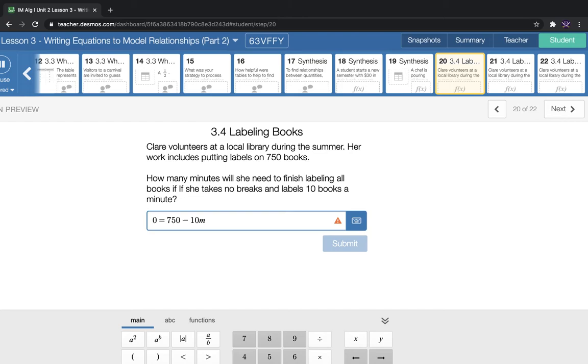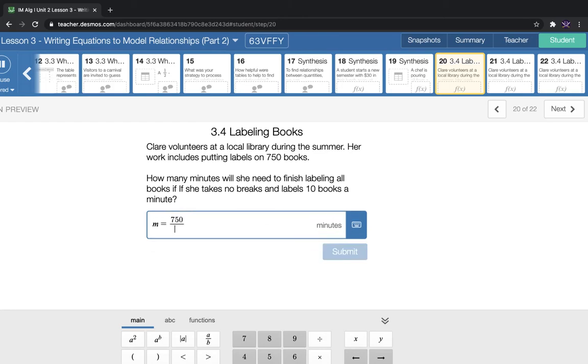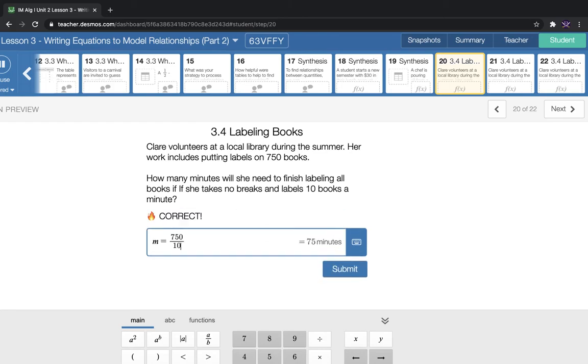So we could write it just like that, or you could say that the minutes is 750 divided by 10. 750 divided by 10 if we put it just like that, and then there's our ratio to see how many minutes. Obviously, we would find that it's 75 minutes.